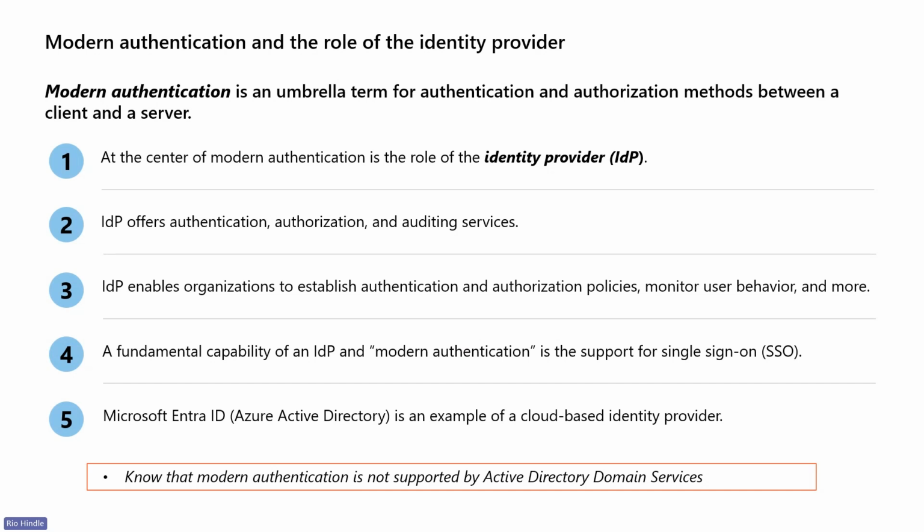This not only helps with the process of being able to provide an access token to all these given servers, it also enacts the principle of single sign-on so that they can use the one set of credentials to access a multitude of different applications and services. And this is where fundamentally Entra ID came into play, which was formerly Azure Active Directory, right? And the problem with Active Directory Domain Services on-prem was that modern authentication wasn't supported.